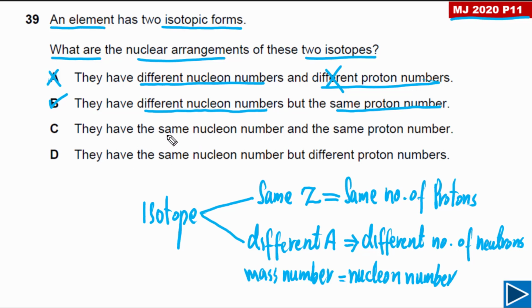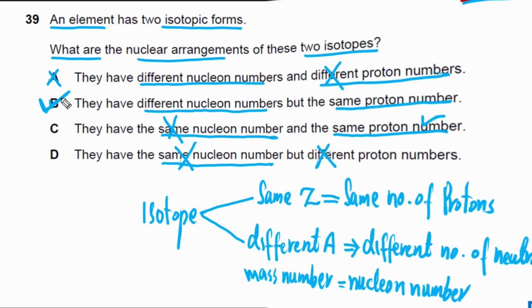The next one says they have the same nucleon number, so this is wrong. Different nucleon number and the same proton number is right, but this is wrong. They have the same nucleon number, again wrong, and different proton number, also wrong. So our answer for this question is B.